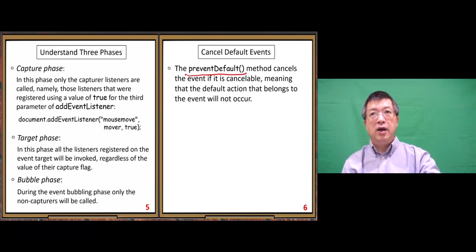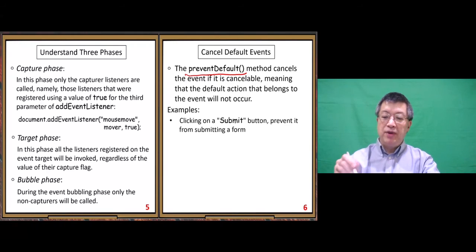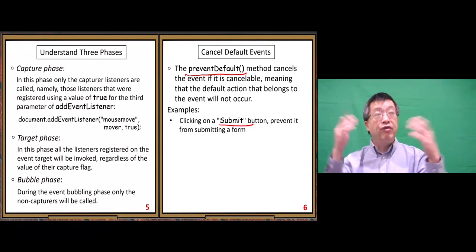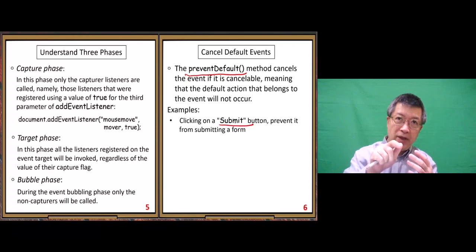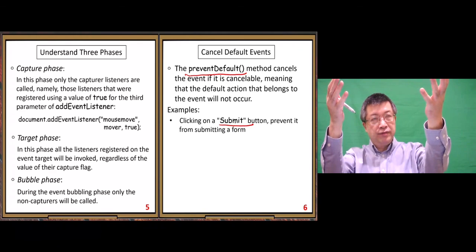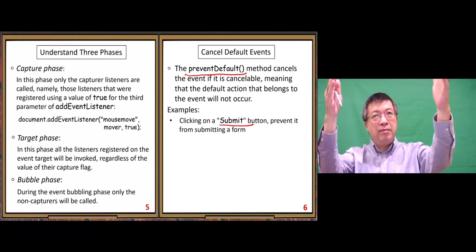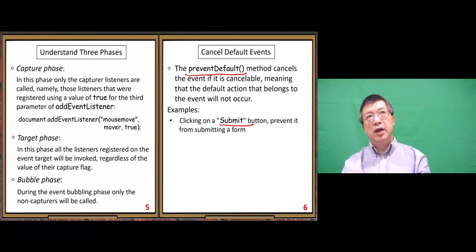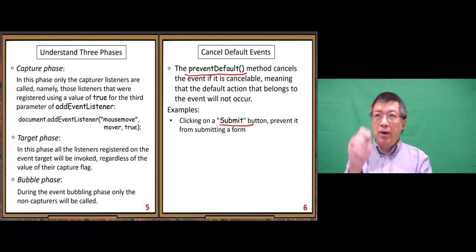Let me give you two examples. For example, the submit button. When you have a form and you click the submit button, you submit the form to some program on the server side. That's the default action. If you want to disable it, you can.